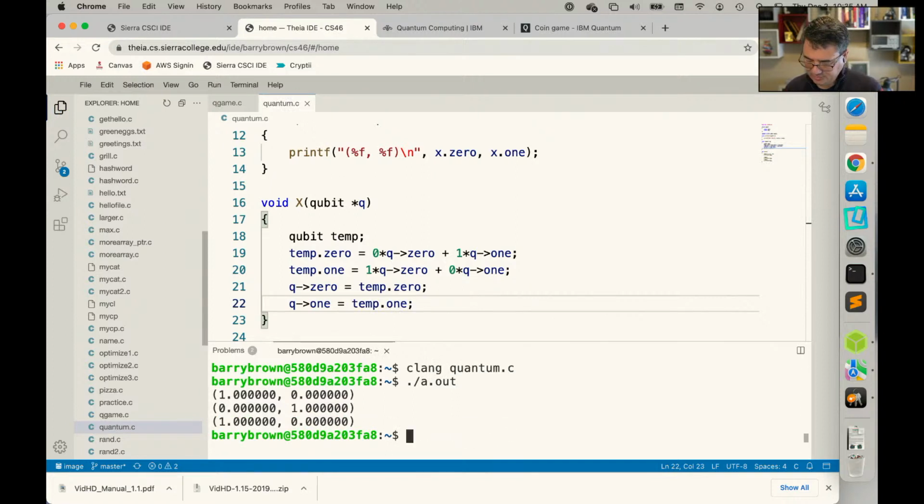There we go. That's better. Okay, so I had to make a temporary qubit and then assign the 0 and 1 values to that qubit and then put them back into the qubit that I'm modifying.